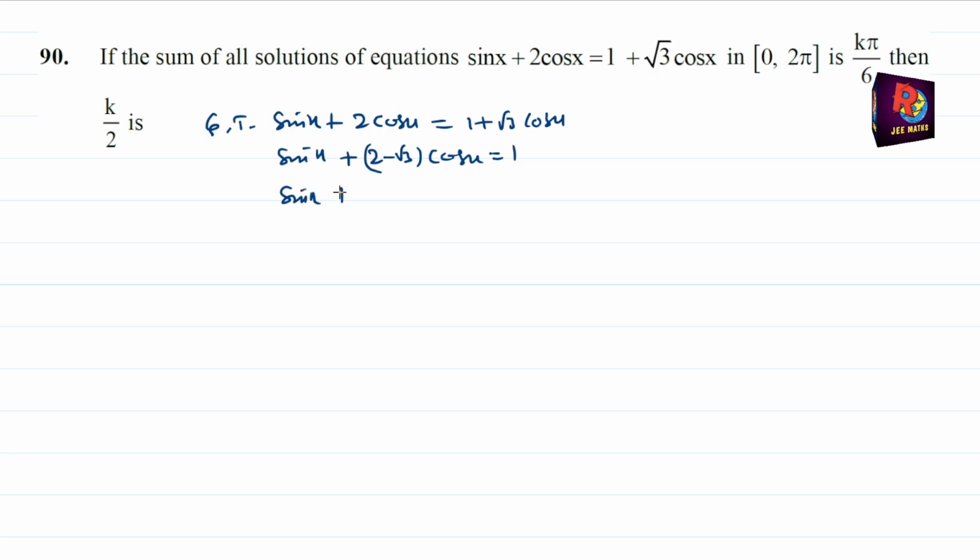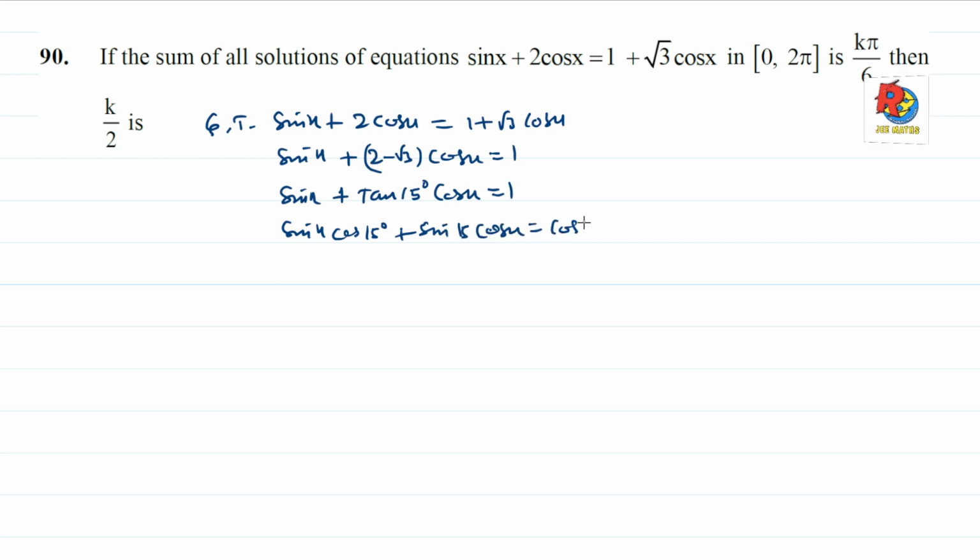So sin x plus tan 15 degrees into cos x equals 1. That means I can write sin x cos 15 plus sin 15 cos x equals cos 15. So sin of (x plus 15 degrees) equals cos 15 degrees.